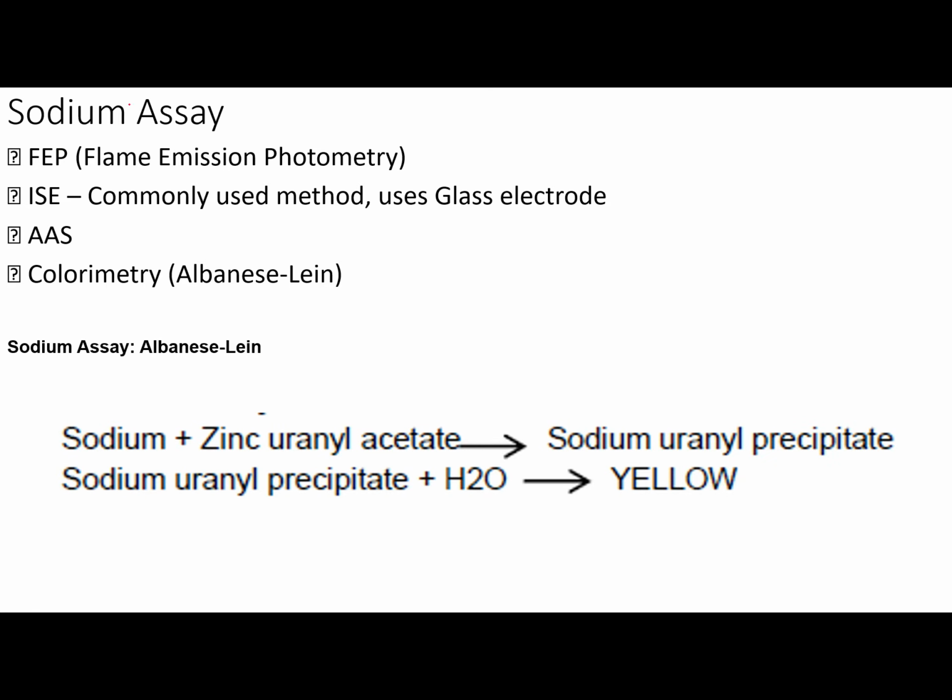Now, what are the sodium assays, class? So, there are 4 assays done. We have your FEP. FEP stands for flame emission photometry. Your ISE refers to ion selective electrode. Now, the commonly used electrode, so sa ion selective electrode, kaya siya selective because it uses a selective electrode for each ion.